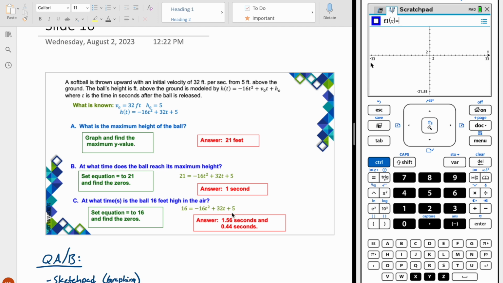When we do, we're going to end up with negative 16 times x squared plus 32 times x minus 11. When we do, we get 1 and 5. But this is not the exact number that we are looking for.